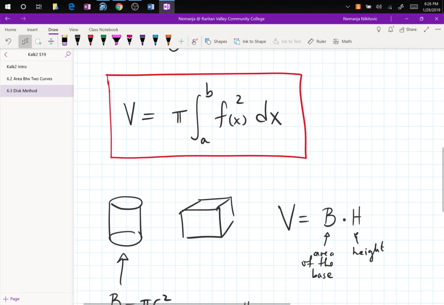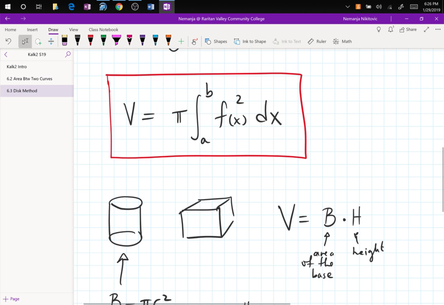So now, your job is to figure out what kind of function you have. If it's a constant function, you create objects like this with straight edges, right? You will literally measure from the center to the outside. Let's say this is 1.5 inches, 3 inches in diameter, so 1.5 inches on the side.